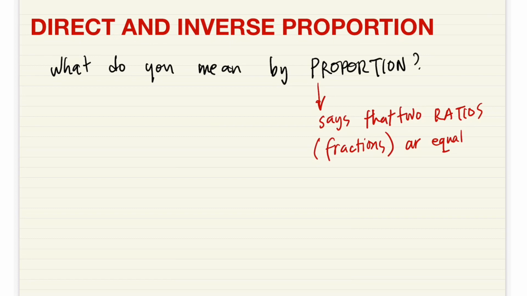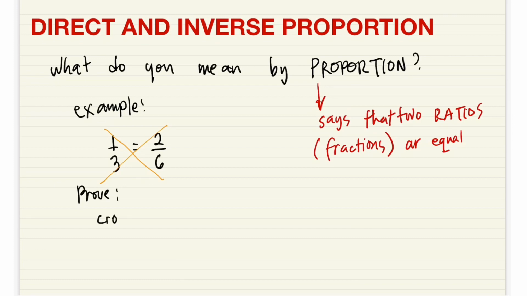For example, if you have 1/3 equals 2/6, how are we going to prove that they are equal? First thing we do is cross multiplication.